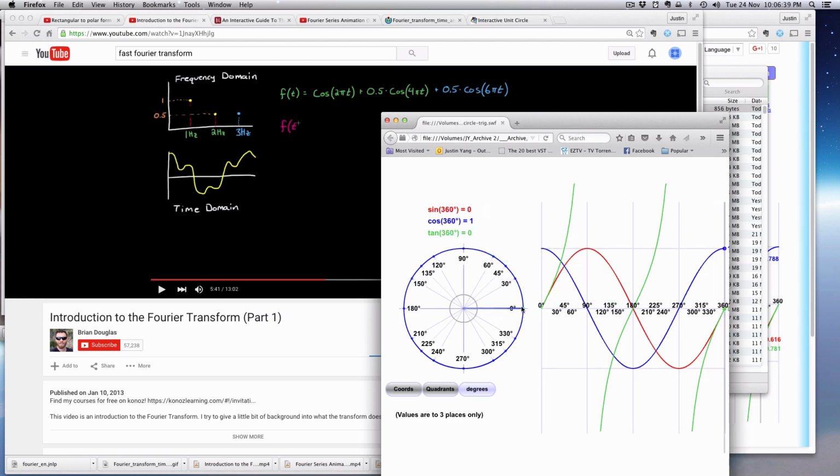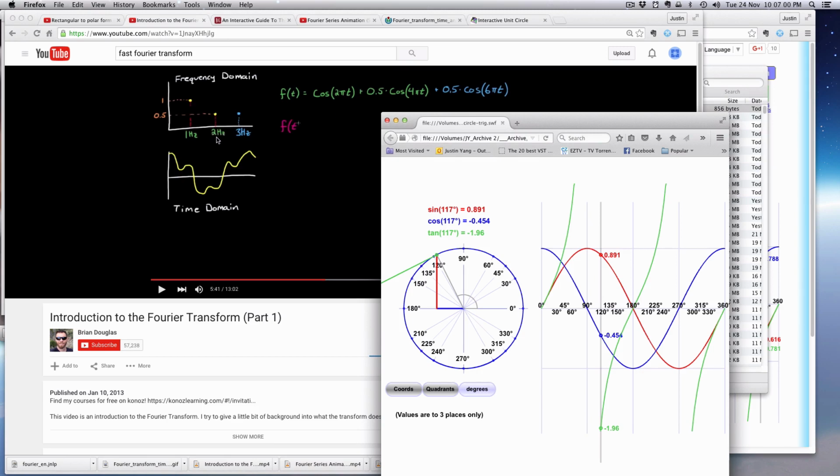So 2 pi, in radians, is the full circle, 360 degrees, right? So if we're doing 1 rotation per second, or time unit, it's going to be 2 pi, 1 full rotation, every time unit, or in terms of hertz, once per second. So we'll do 2 pi times t.